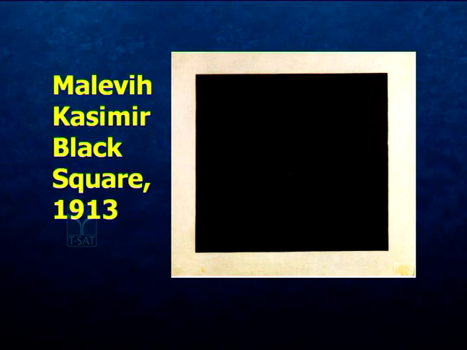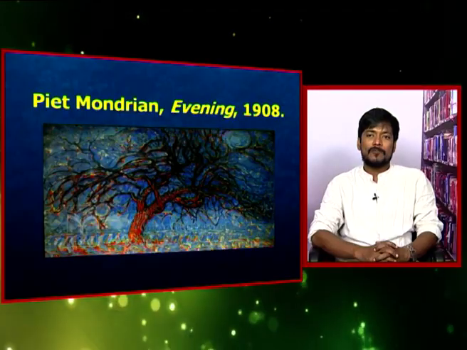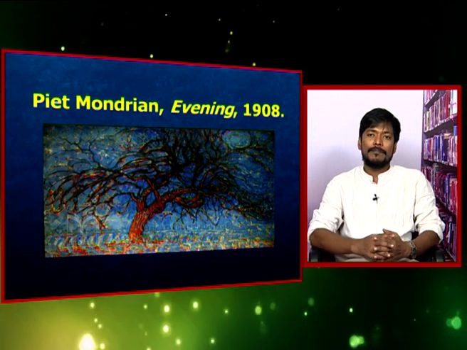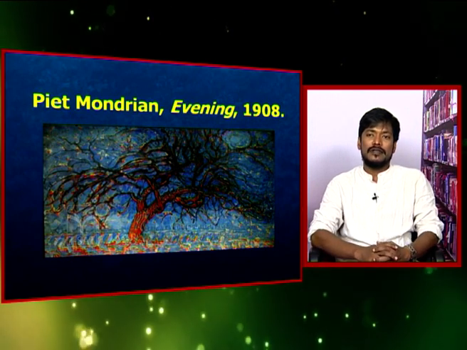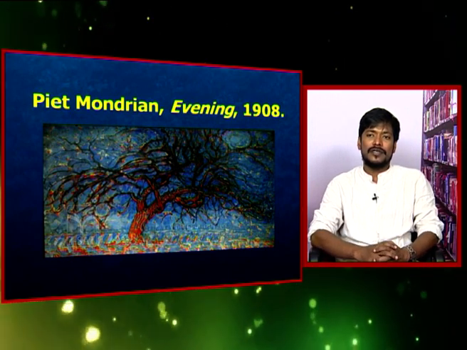So moving on to the next artist, Piet Mondrian. Mondrian was a Dutch artist, and he started painting in his own country, but he moves to Paris, and then he gets influenced by the Parisian art movements, and Cubism was one of the influential art movements.